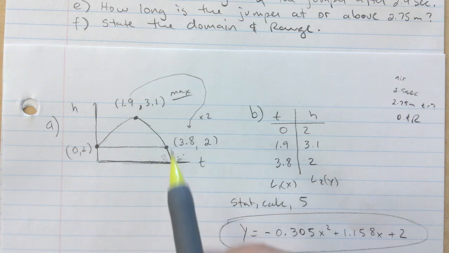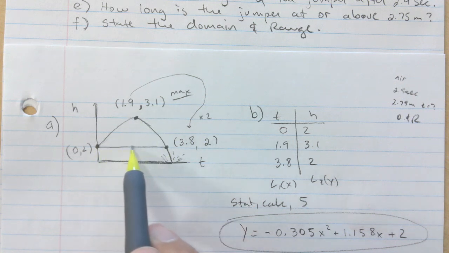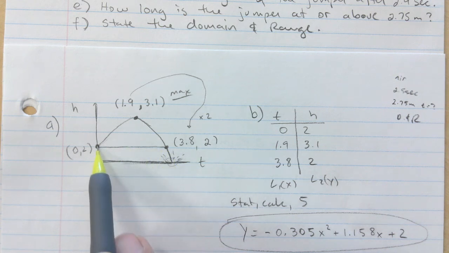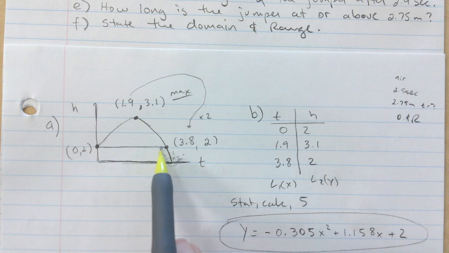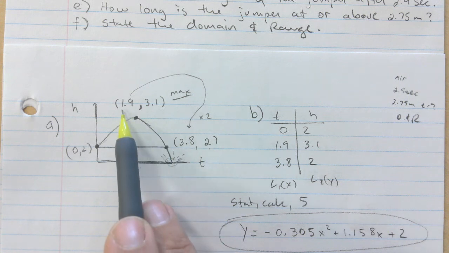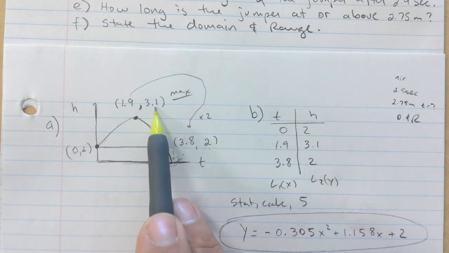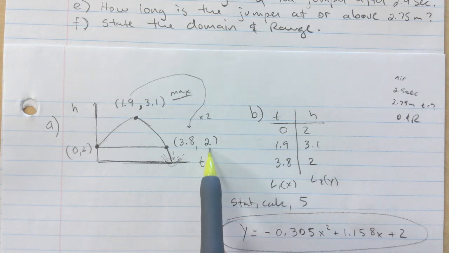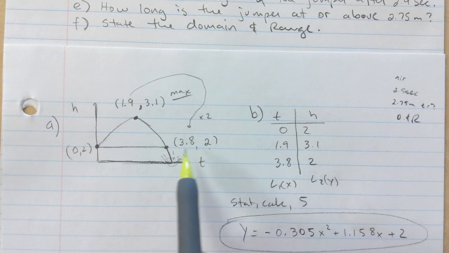We don't know this yet, but that means we're coming back to, the splash is happening here, but you always draw a horizontal line out because you're coming back to that. Since 1.9 is when you reach that maximum height, you double it, so it'll take 3.8 seconds to get back to 2 meters. That's very important. Don't put it down here because then it'll throw everything off.